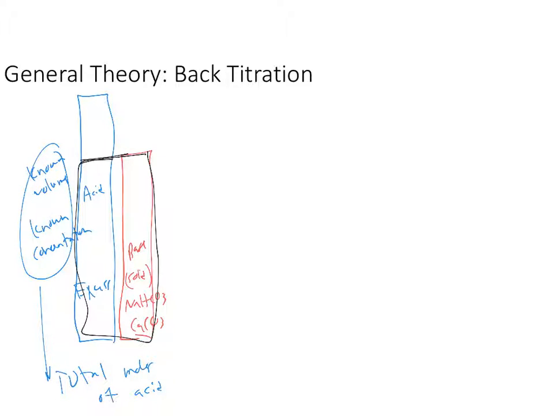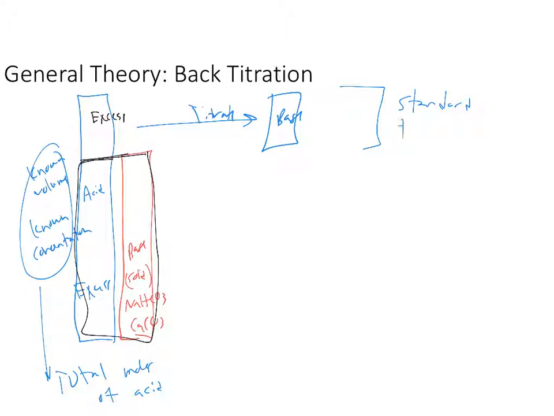And that will leave some amount of acid that is in excess, which we will then titrate with a base. And this portion of the calculation is kind of a standard titration.